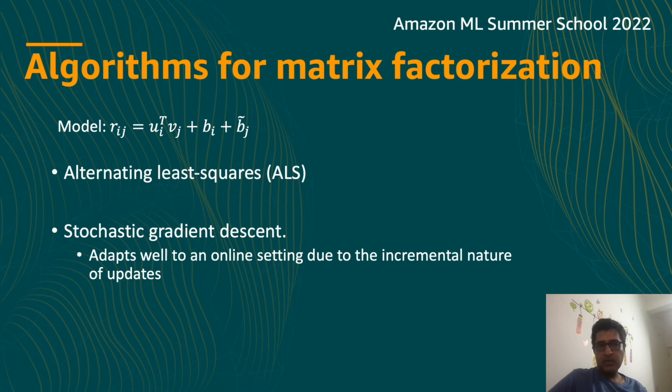Okay, and this alternating least squares optimization you can carry out using stochastic gradient descent, because it adapts very well to the online setting, where you are able to achieve very quick updates to these estimates, and then update them as you go along based on the latency requirements that you have.